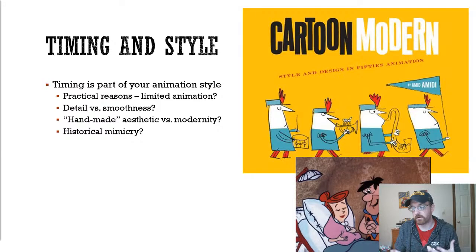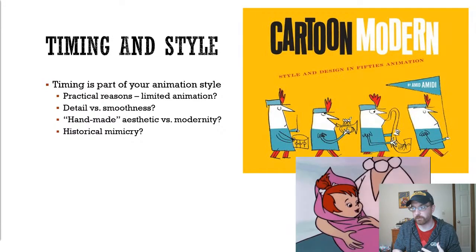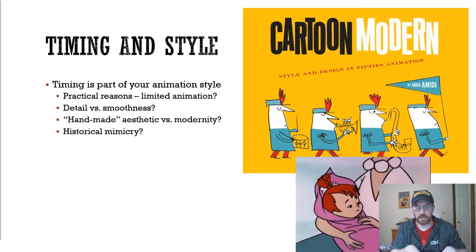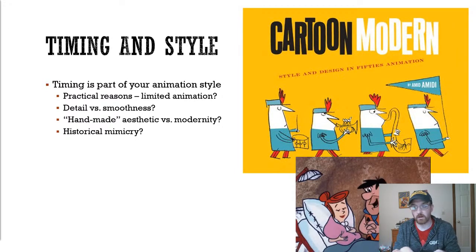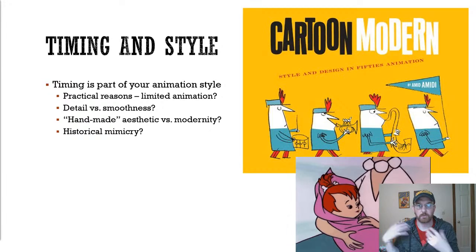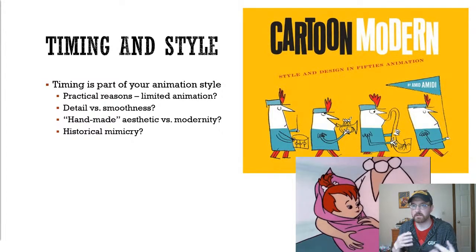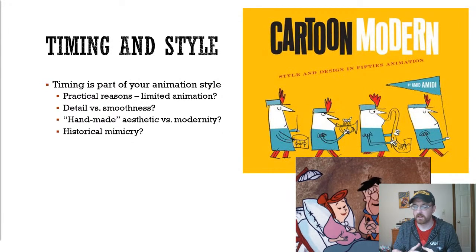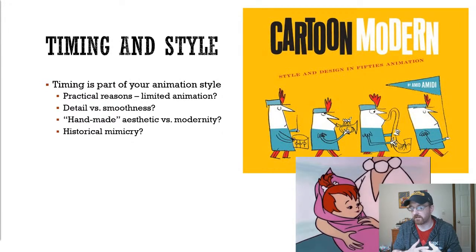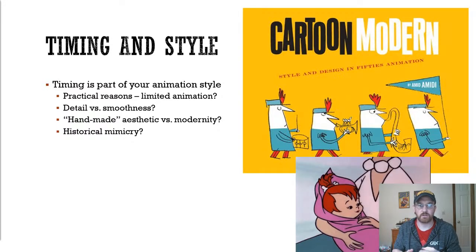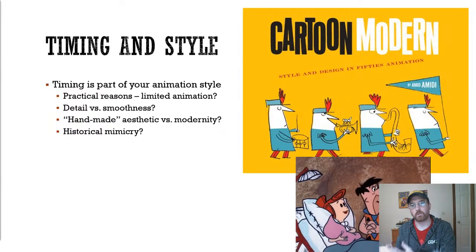So, what other things might influence your timing style? Is it detailed, like those Evangelion characters we looked at, or do you want them to be smoothly animated like the Sleeping Beauty characters? That results in different timing styles. Handmade aesthetic versus modernity. We talked about why you use 2s versus why you use 1s.